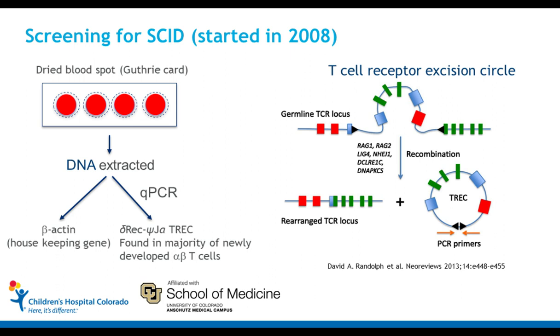And as the TCR is rearranged, a portion of the DNA is pinched off and is left as a circle of DNA within the cell. It is not used for the T cell receptor.